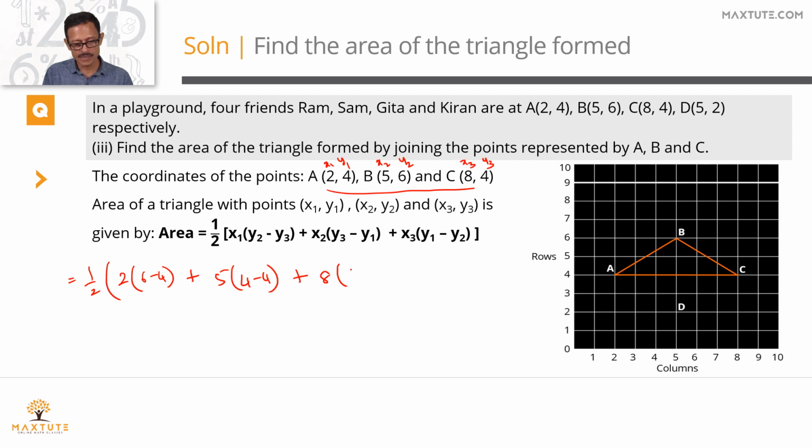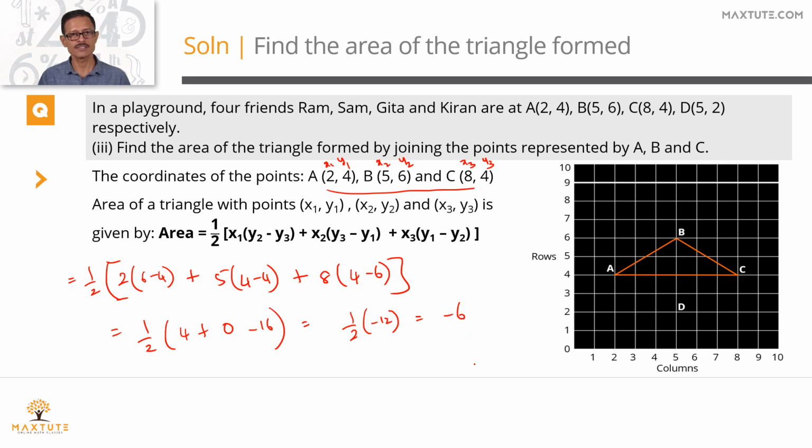Plus x3, which is 8, into y1 minus y2, which is 4 minus 6. So this is equal to half into 6 minus 4 is 2. 2 times 2 is equal to 4. This is 0. 4 minus 6 is minus 2. 8 into minus 2 is equal to minus 16. So 4 minus 16 is minus 12. Half into minus 12 is the answer, which is equal to minus 6.